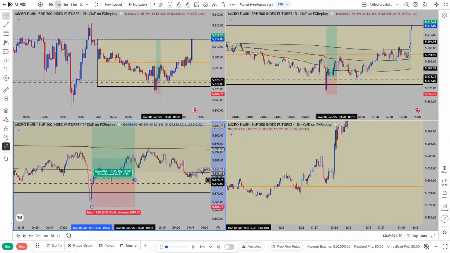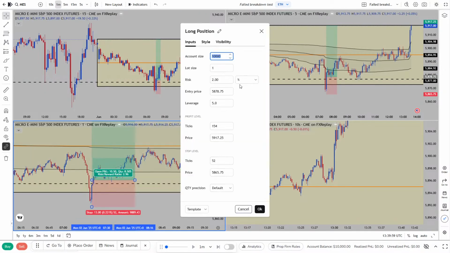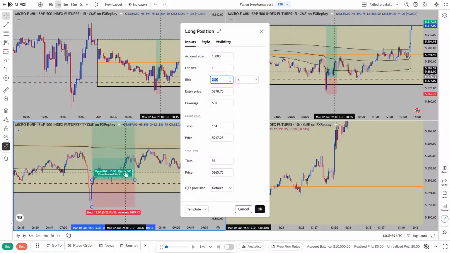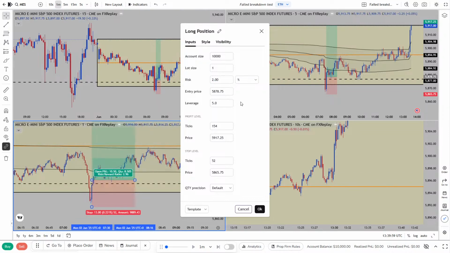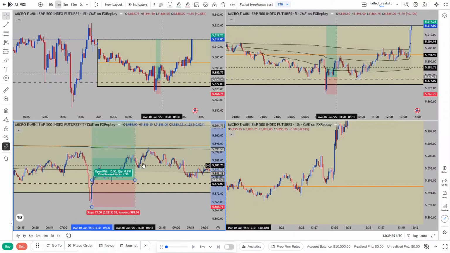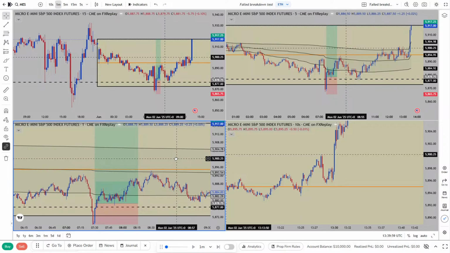So here I could risk, let's say about 1%. So let's say we have a 10,000 contract, okay, with 2%. But let's think realistically. In my account, there's only 1,000 inside, and I want to risk 2%, and that will give me one contract, okay?